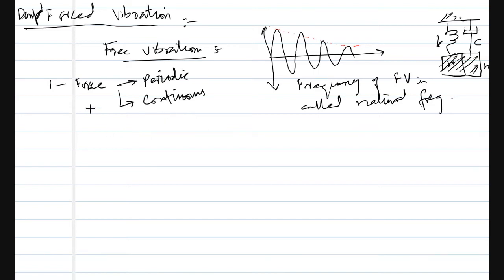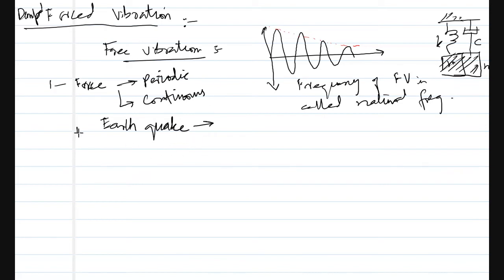Common examples of forced vibrations is an earthquake. Earthquake is a very common example in which the structure of a building vibrates because of the shaking of the earth, and the shaking of earth is because of the forces generated by the earth to develop earthquake, and that is generally called forced vibration.